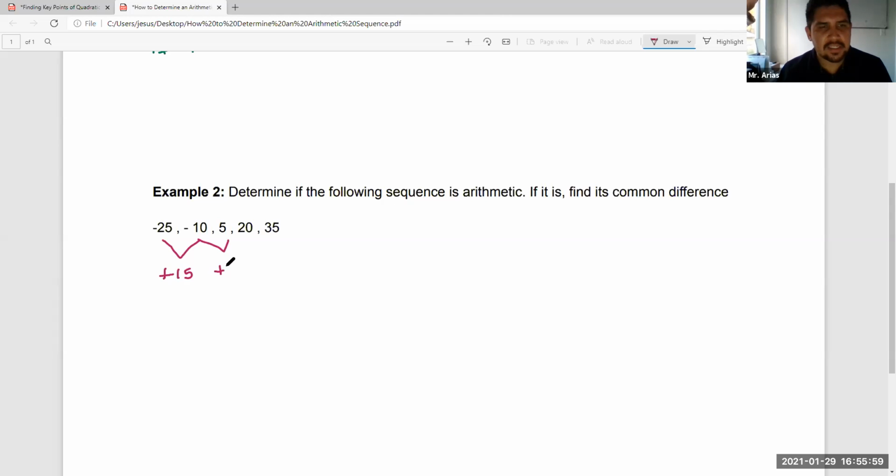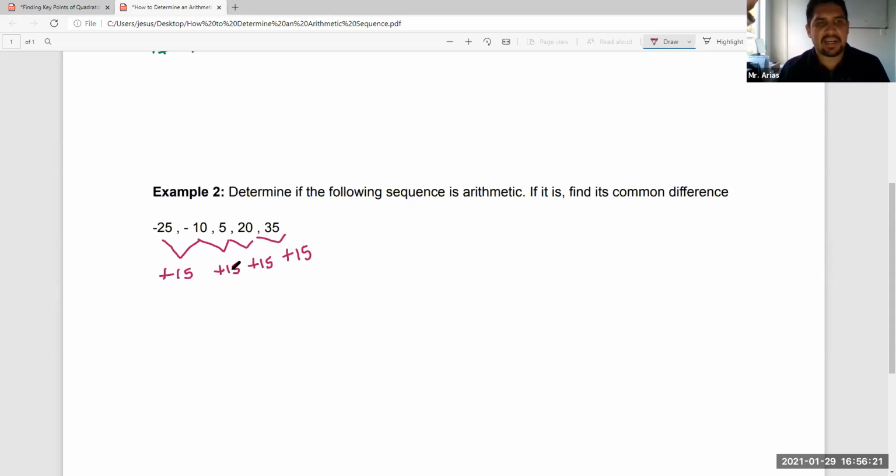So if you notice, we would have to add again 15 to negative 10 in order to get 5 as the next term, which in this case is the third one. So that happens again, and then it's actually going to happen again if we add 15 plus 5 to produce 20. And then lastly, one more time, if we add 20 plus 15.